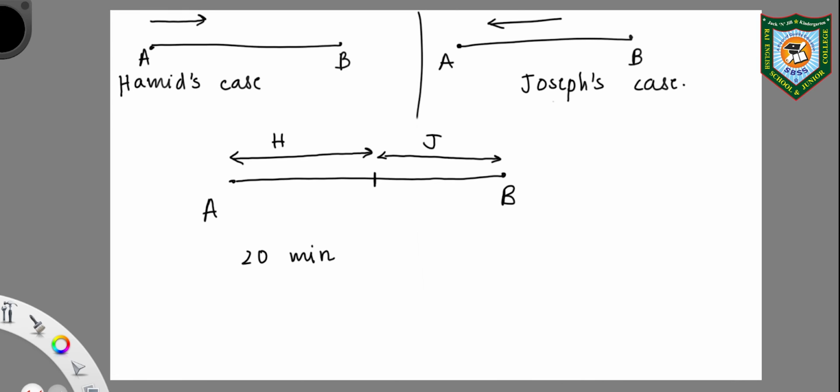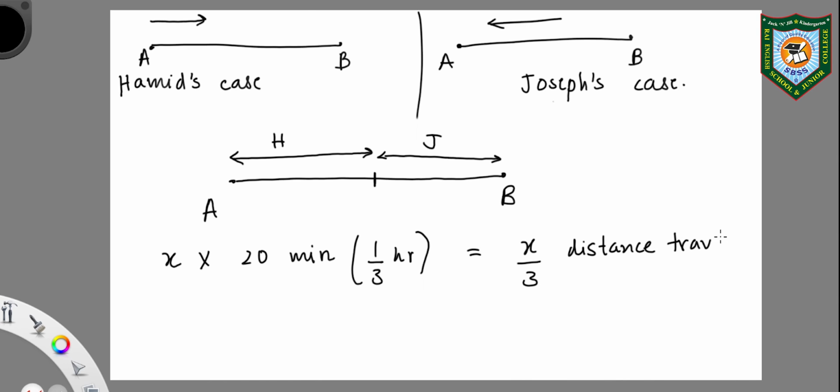So we know that the speed of Hamid is x. So if I multiply x by 20 minutes, or we can say 1 by 3 hours, we get the distance traveled by Hamid. So x by 3 is the distance traveled by Hamid in 20 minutes.